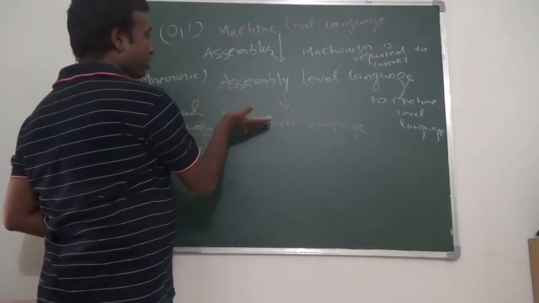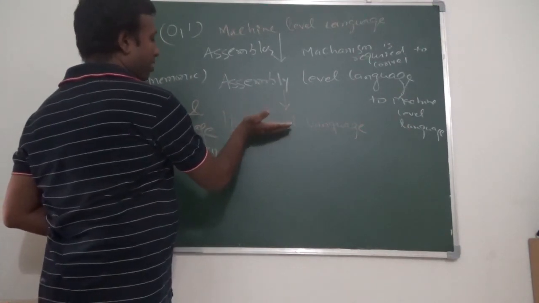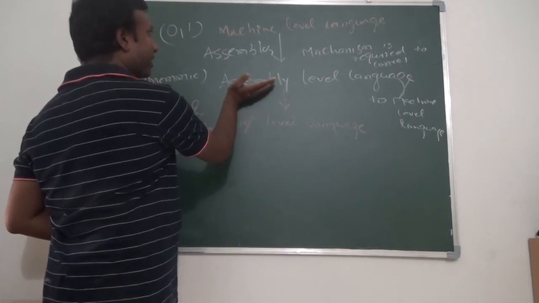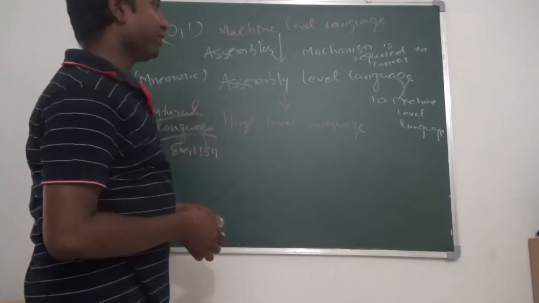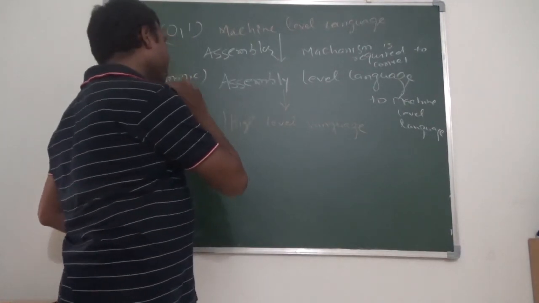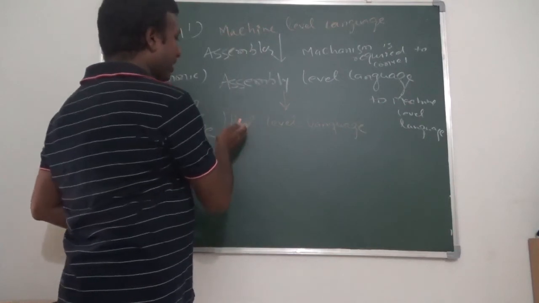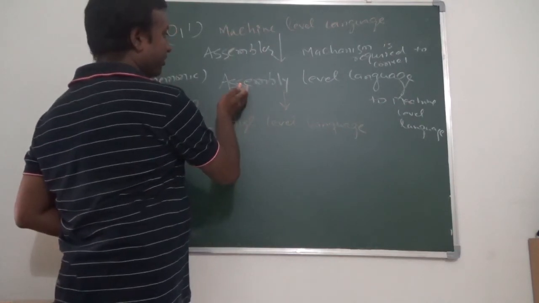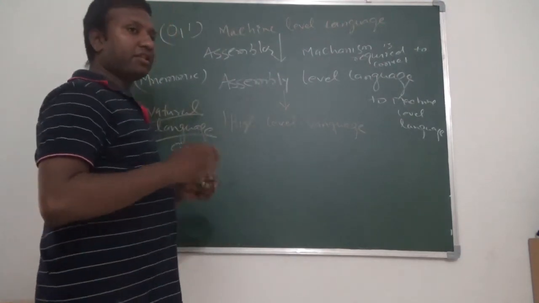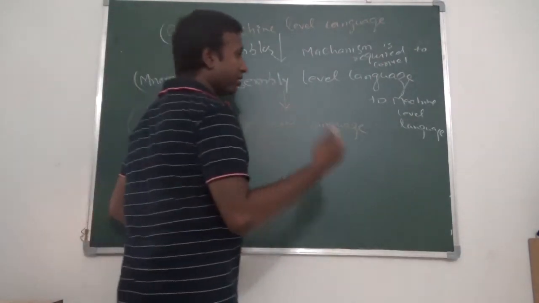Another solution is high level language should be converted into the assembly level language, and then the assembly level language should be converted into the machine level language. In most of the cases we follow this path. High level language is converted into the assembly level language, assembly level language is converted into the machine level language. Reason I will discuss in the other videos.